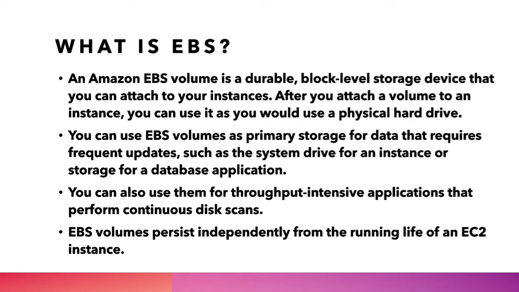You can use EBS as a primary storage of data that requires frequent updates, such as the system drive for an instance or the storage for your database applications. You can also use it for throughput intensive applications to perform continuous disk scans. For this purpose, we have different types of EBS volumes that we are going to visualize during our hands-on session.